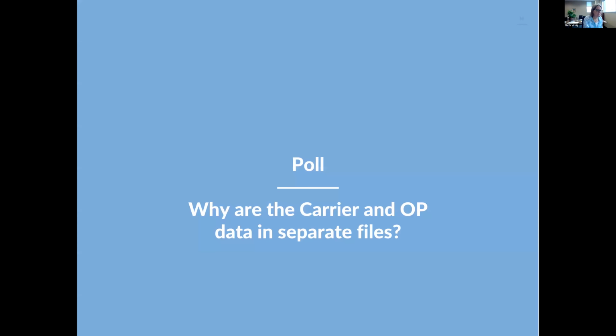So with that, let's just start with a quick poll and a check to make sure we're all together. Why are the carrier and outpatient data in separate files?